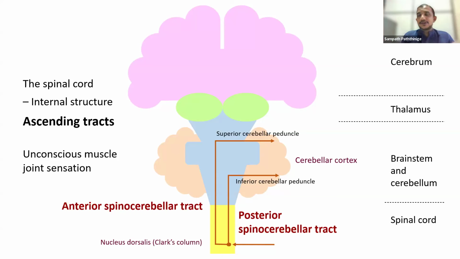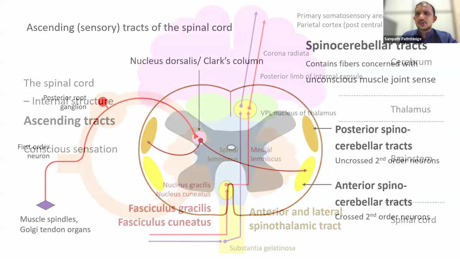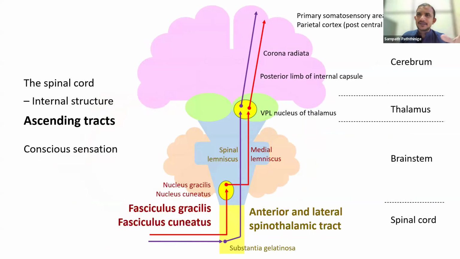So have this knowledge, because I have seen in your past papers that sometimes you are asked to draw the pathway of the different types of sensation from the receptor to the cerebrum. So you should know in which sensory tracts these sensory fibers lie, what nuclei are involved, and what white matter pathways in the cerebrum it goes through.